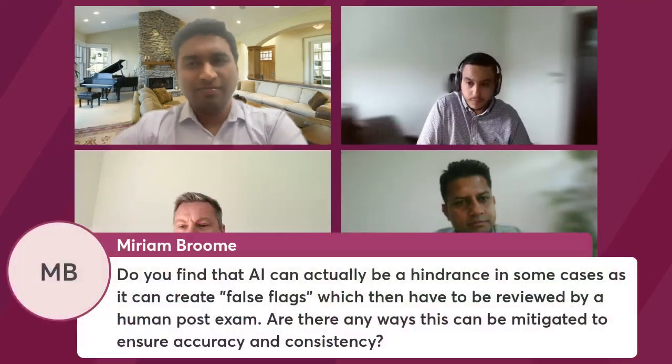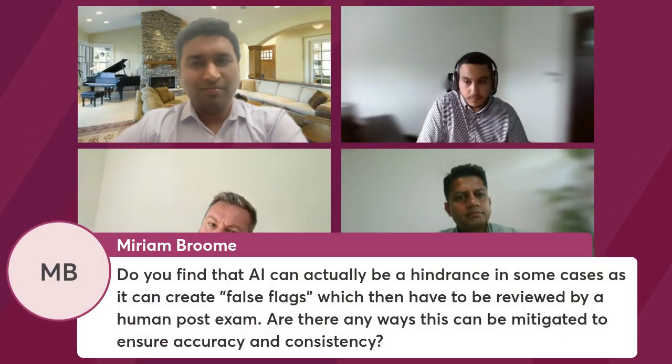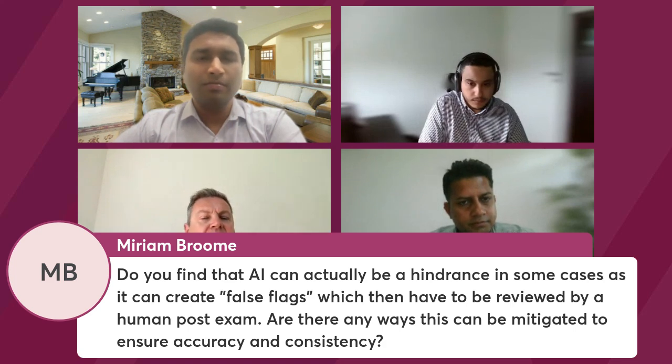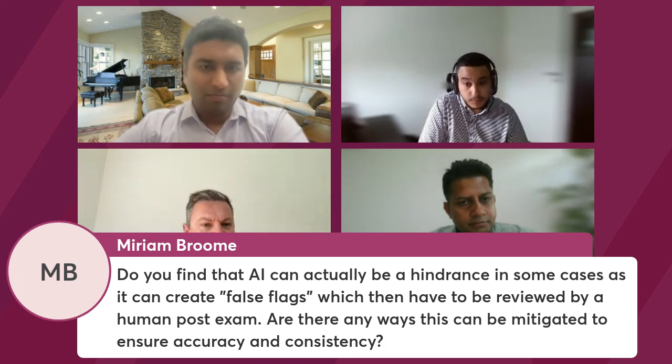Anyway, back to the online proctoring. In terms of false positives, Miriam, if you could just pop that question up again. The question is about whether it can be a hindrance in terms of false flags. So, if I get it right, you've got AI monitoring the screen, it's being recorded so you've got evidence later on.